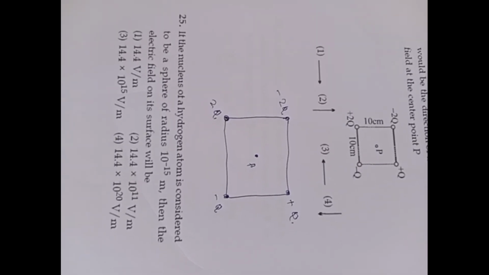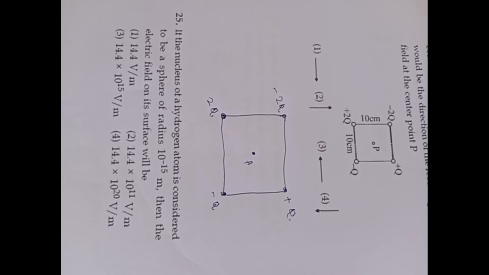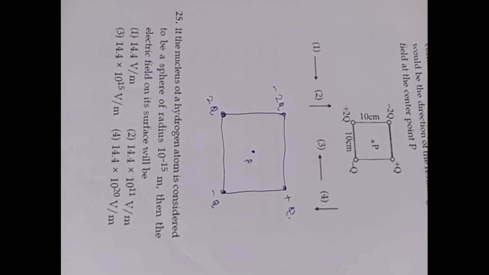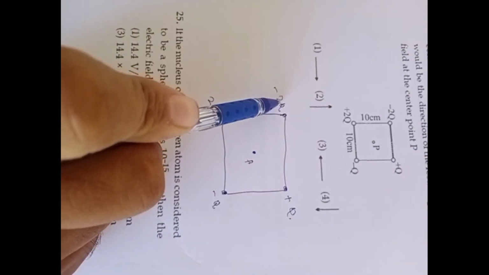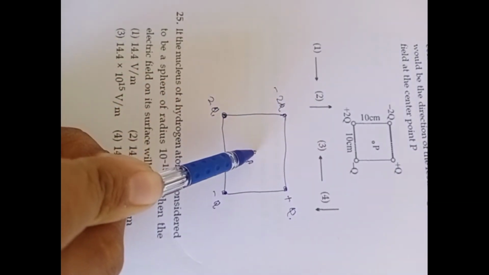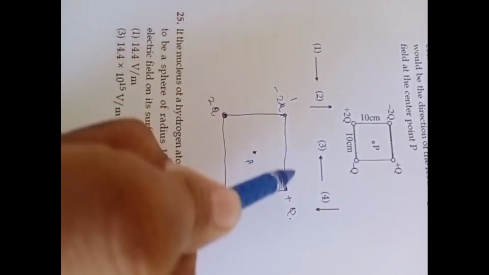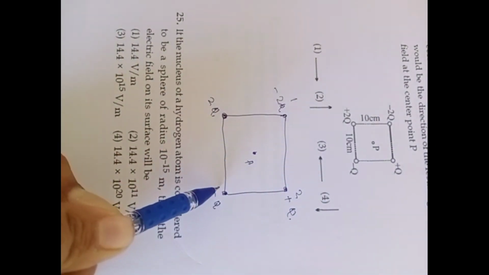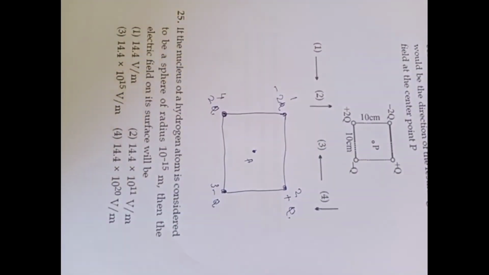The electric field formula due to a point charge is 1 by 4 pi epsilon naught q by r square. That is the formula. Now what will happen? Consider this negative charge here. I am assuming it has 1, 2, 3, 4 charges.